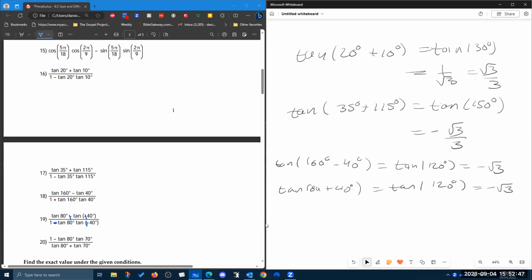They've just flipped the tangent formula over, so it's 1 over tan of 80 plus 70. It's 1 over tan of 150. The tangent of 150 is a negative 1 over root 3, so this is going to be a negative root 3.